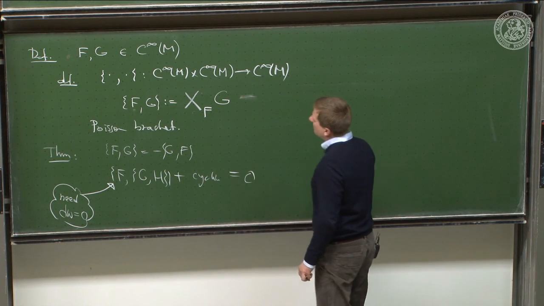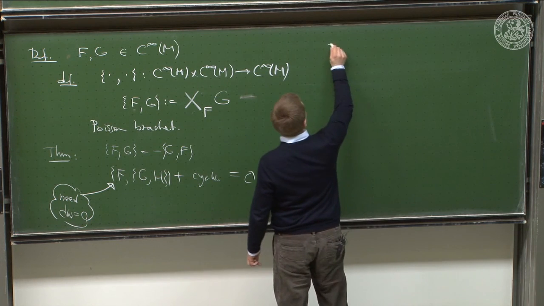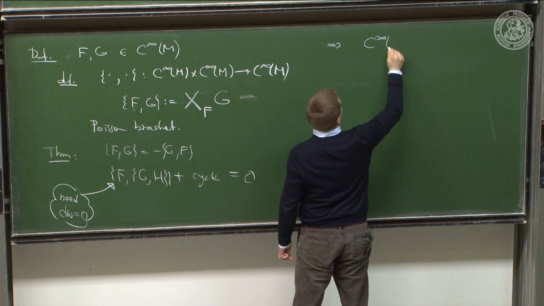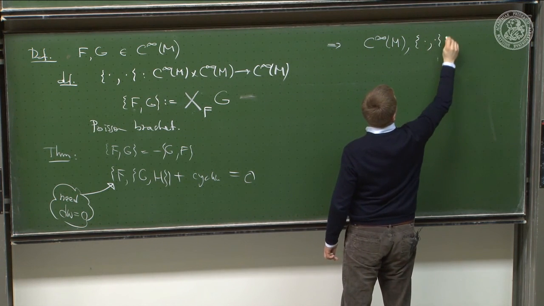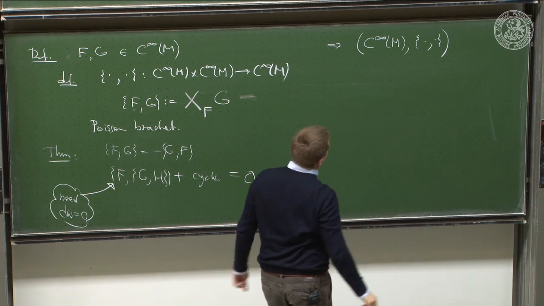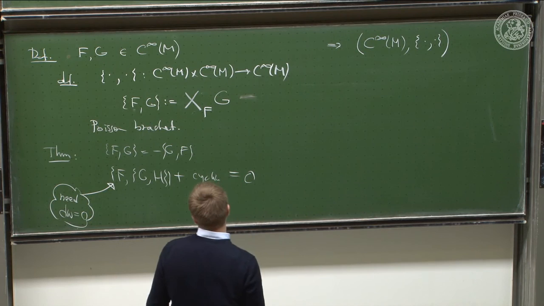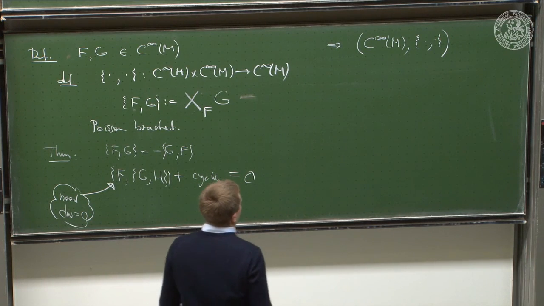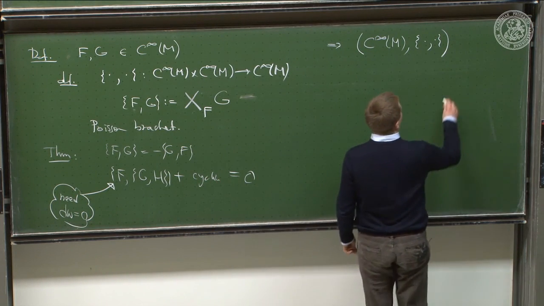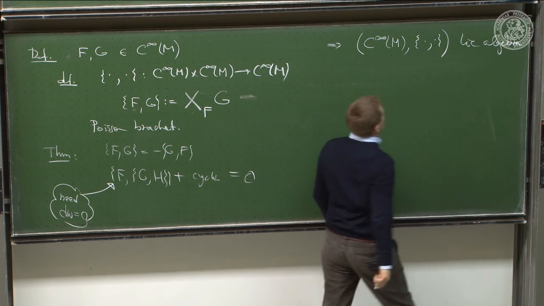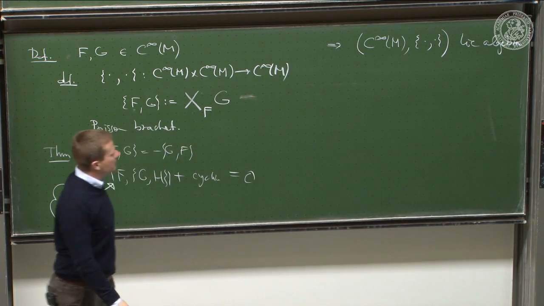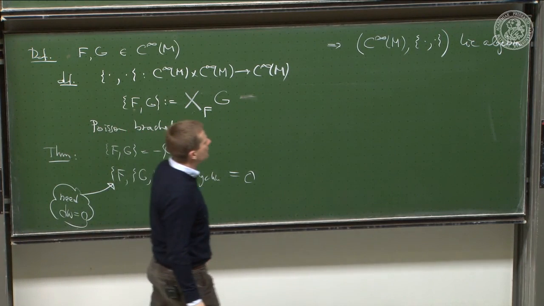So, obviously, if we equip all the smooth functions here with a Poisson bracket, we get a Lie algebra, because those are precisely the properties of an abstract Lie algebra.